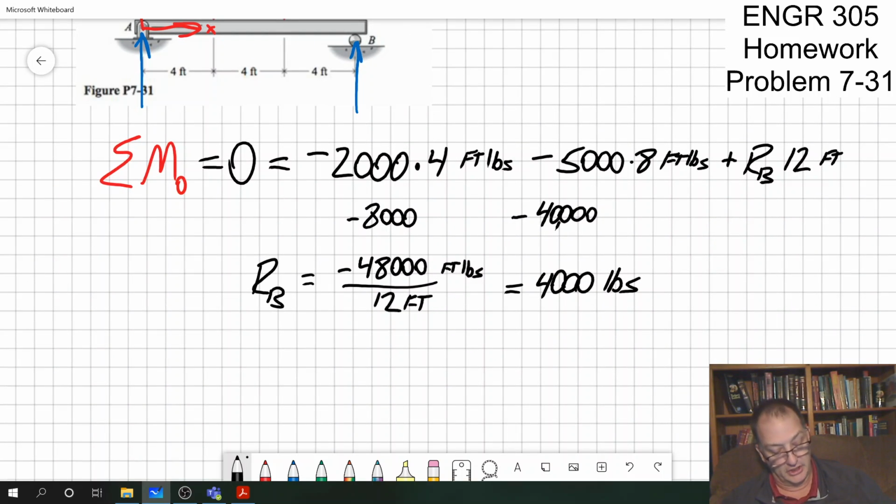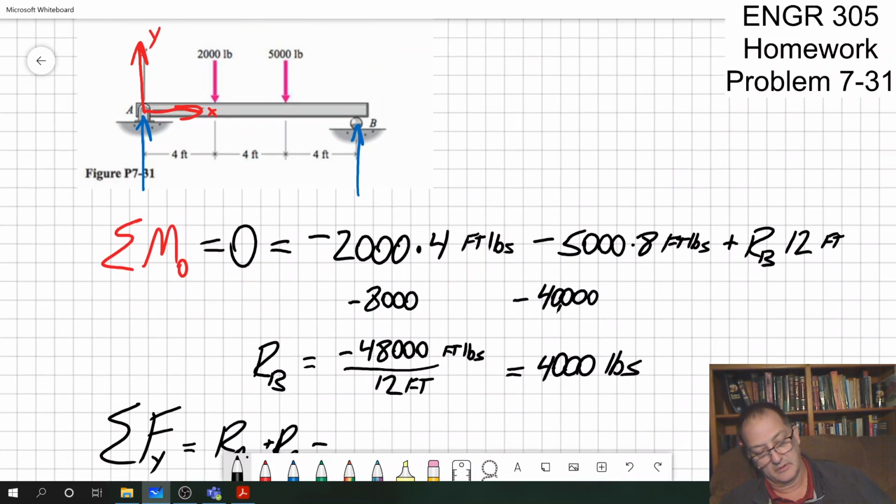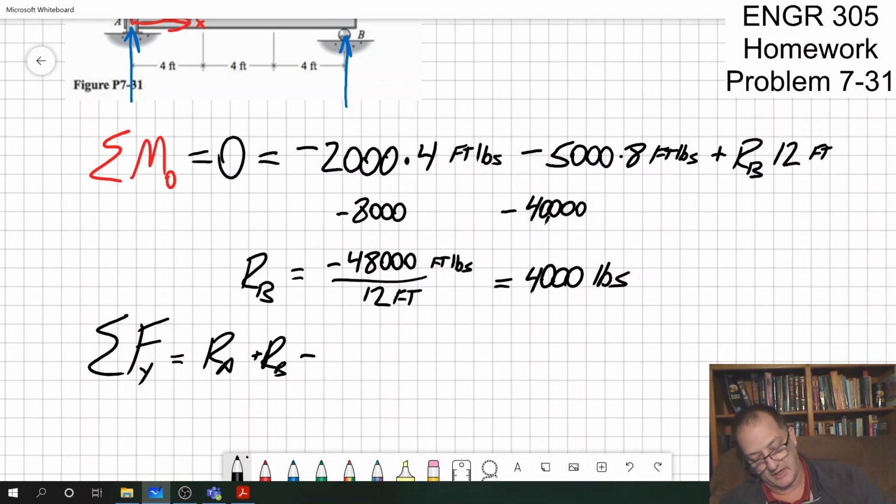Realistically, I should do the sum of the forces in the Y direction, which is equal to RA plus RB minus 2,000 minus 5,000.